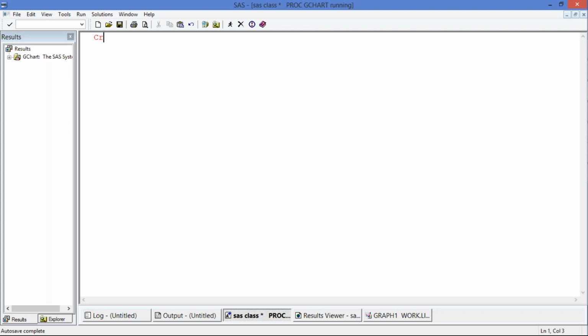Each and every CRF will have a header part. Generally, the header will collect unique information like the subject ID, meaning subject number, study ID, site ID, visit number, visit name, and the date on which the data is collected.